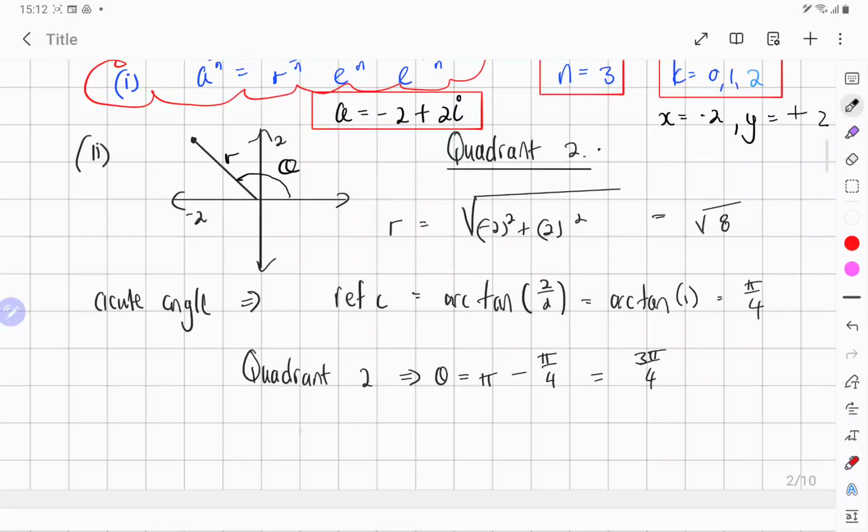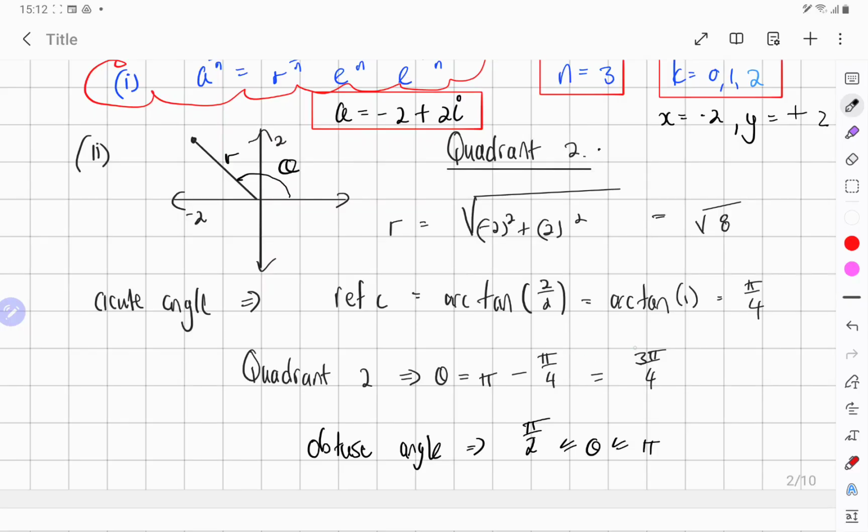Hope you know that from school or first year. An obtuse angle in the second quadrant is between 90 degrees and pi.